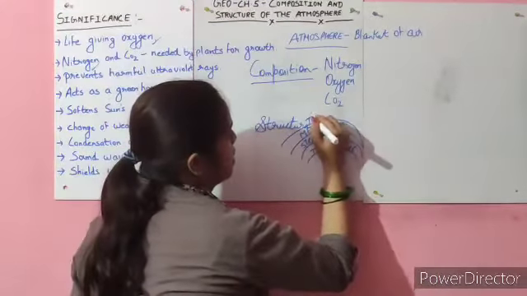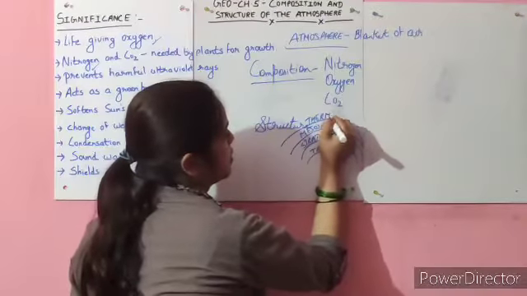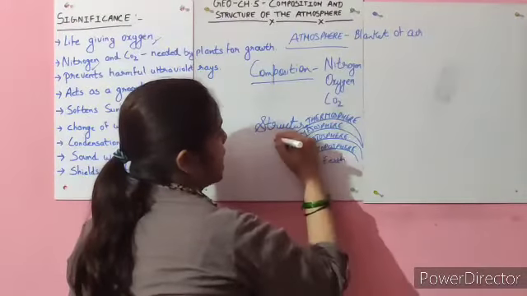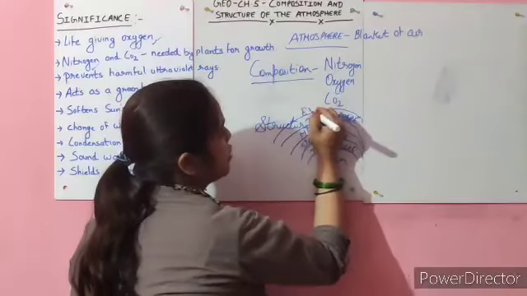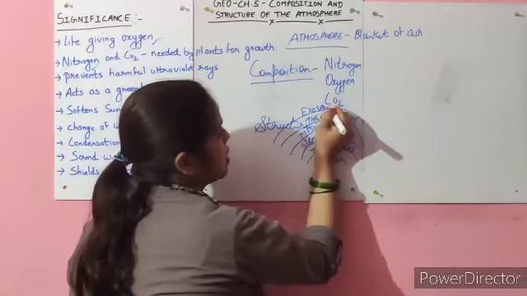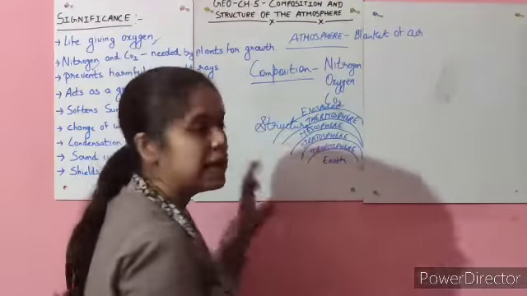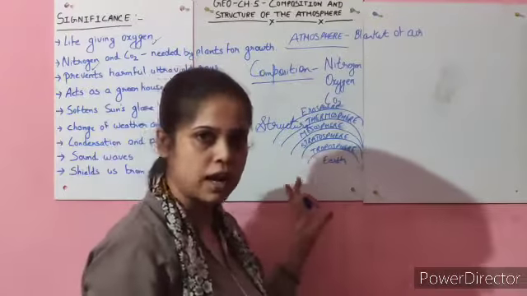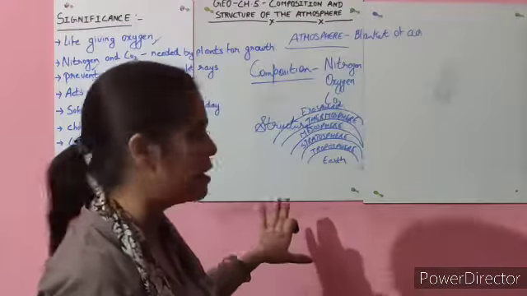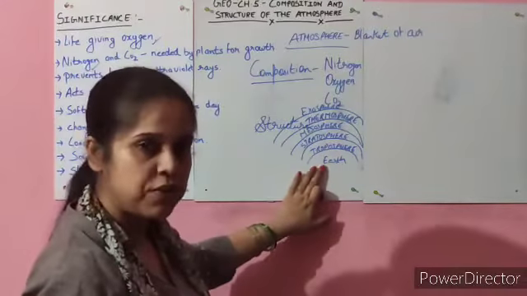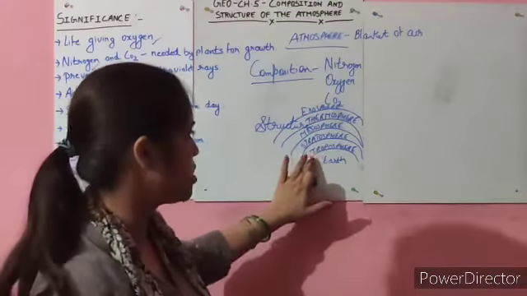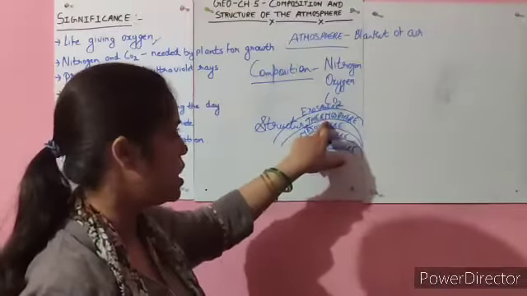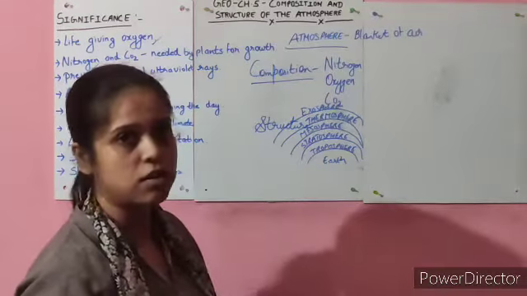Then thermosphere. And the last one, which merges into the space, is exosphere. Please ignore the writing, I'm writing in a very hurry. I'm calling out the names so that you will know. And you all have already done these layers. We studied about different layers of the atmosphere, in which the nearest one was troposphere, then stratosphere, mesosphere, thermosphere and exosphere.